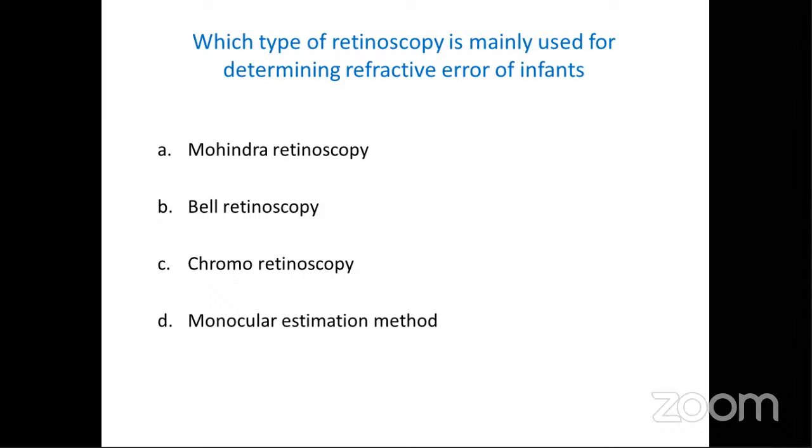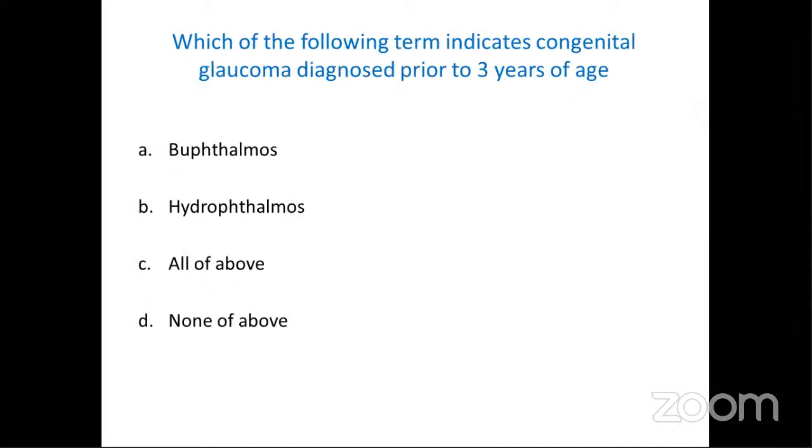So that is also one type of cycloplegic refraction, though we are not using any cycloplegic drops in the patient. Fine. Which of the following terms indicates congenital glaucoma diagnosed prior to 3 years of age? So what is congenital glaucoma?